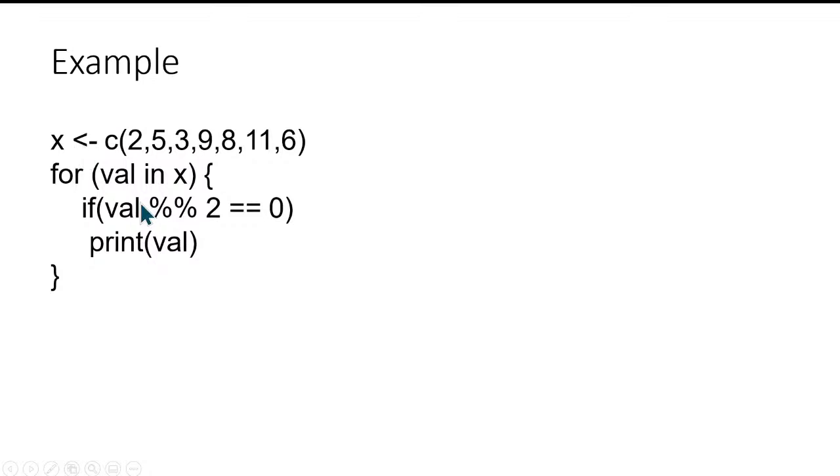So let's say you have these values of x. You can see for val in x, so that means val is each individual value in this vector. And then you see if val divided, this is called the modulo operator.